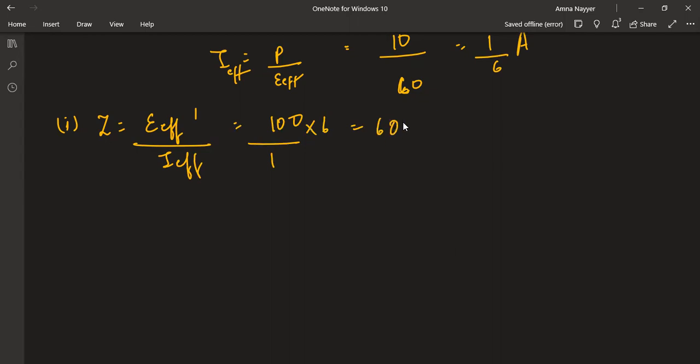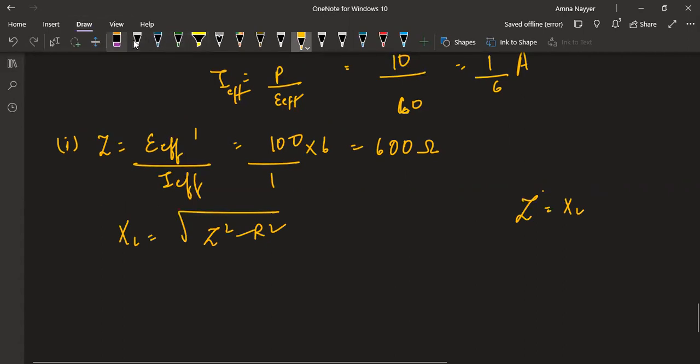So Z is 600. You only have inductance connected, right? So XL will be under root Z square minus R square.